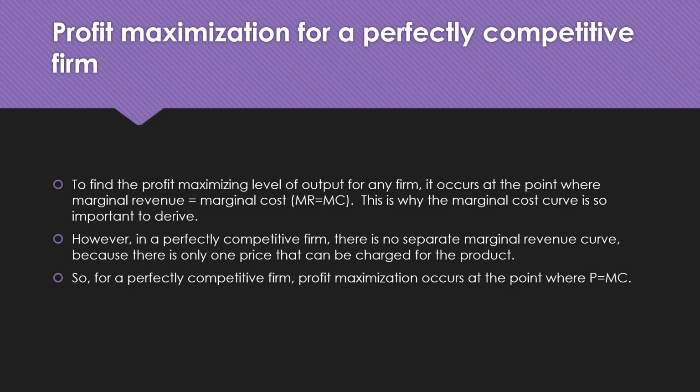So once we find the point where marginal revenue and marginal cost are equal to each other on the graph, in a table, or in an equation, we have found the optimizing quantity to produce and the optimizing price to sell for. Now, in a perfectly competitive market, we're operating with a horizontal demand curve instead of a downward sloping demand curve.